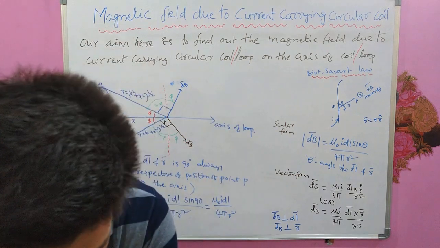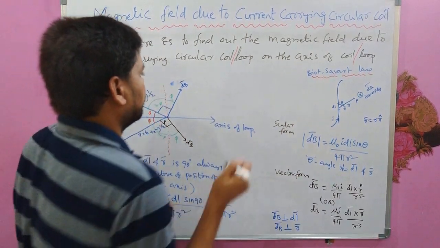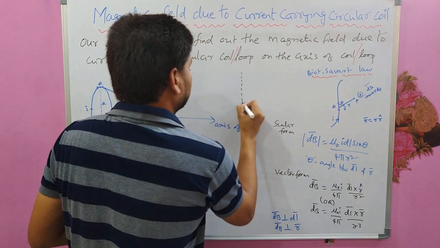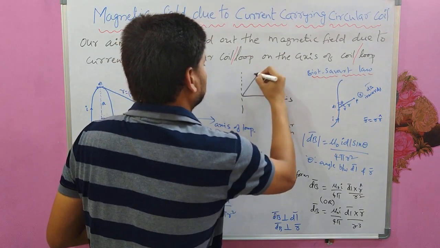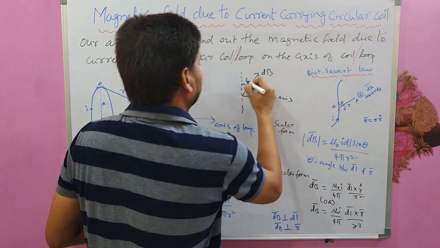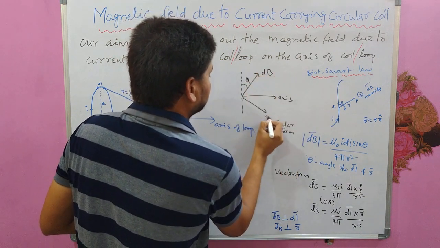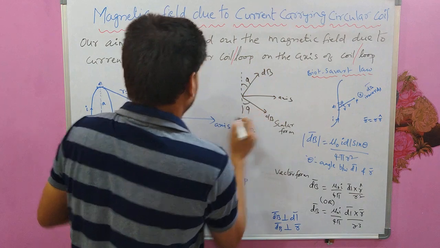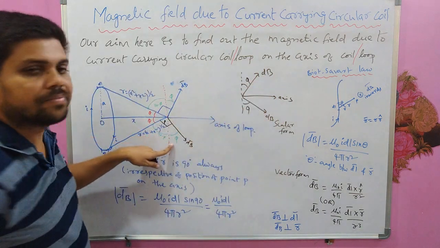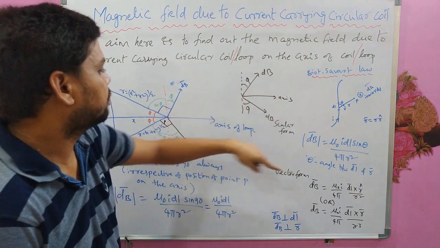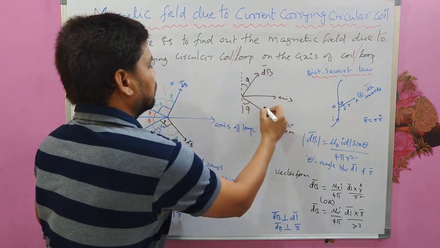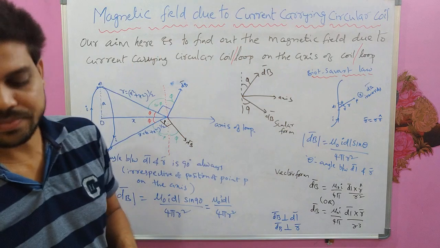Let me draw it here. So this is the normal, this is the axis, this is dB with phi here, this is dB with phi here. Just this picture I have drawn here, phi, dB, this is axis.